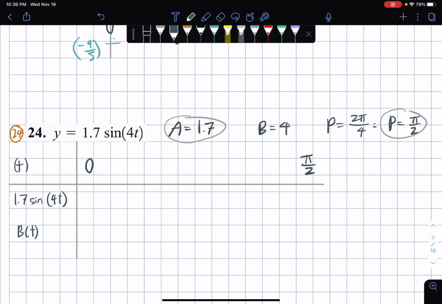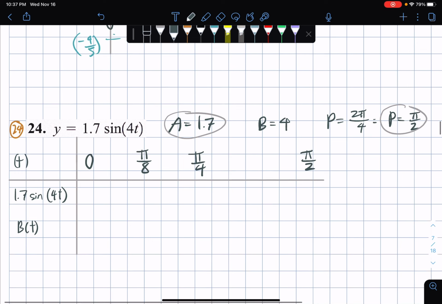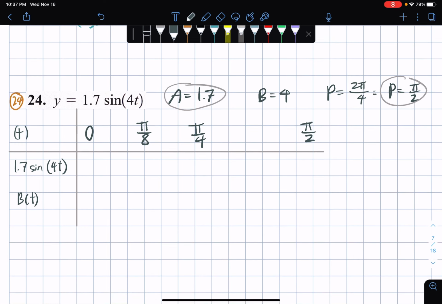Pi over 2 divided by 2 is pi over 4. Pi over 4 divided by 2 is pi over 8. What is between pi over 4 and pi over 2? Let's see. We see things in this kind of perspective, assuming that all of the t values have a denominator of 8. So pi over 8, 2 pi over 8, 3 pi over 8, 4 pi over 8.